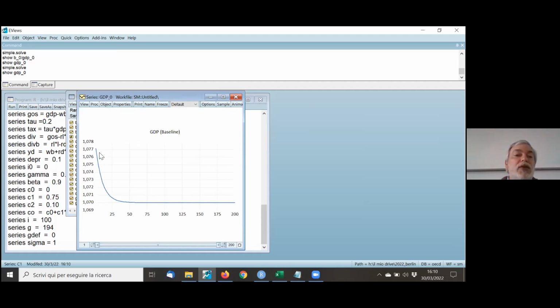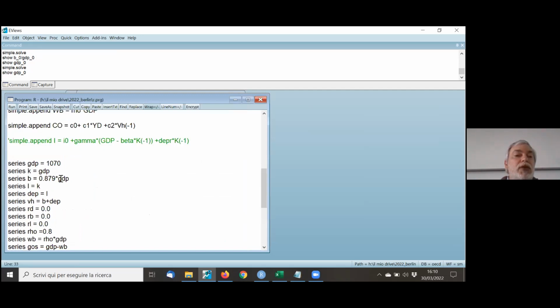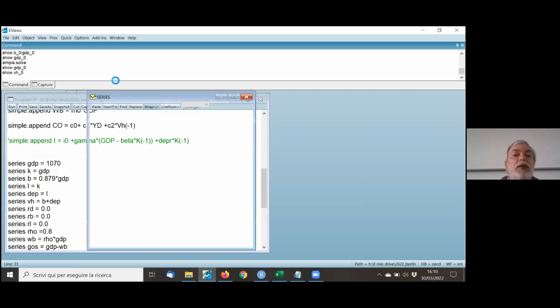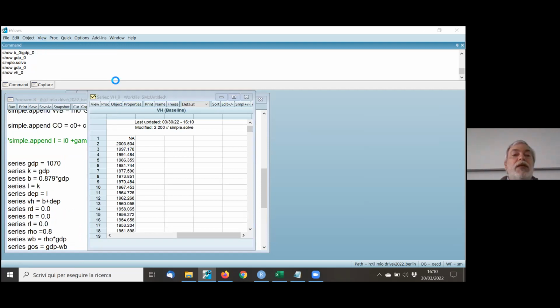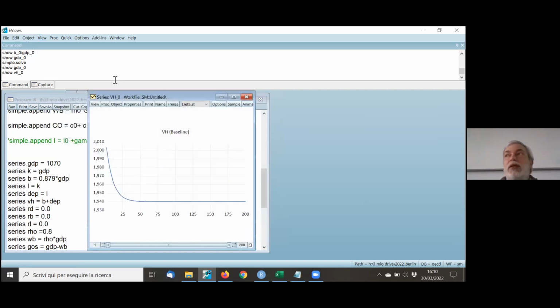It starts at 1077 and 107, which is what we used. So this should be now a steady state model. That's a steady state model. So, just changing the parameters. Well, everything depends on these parameters.